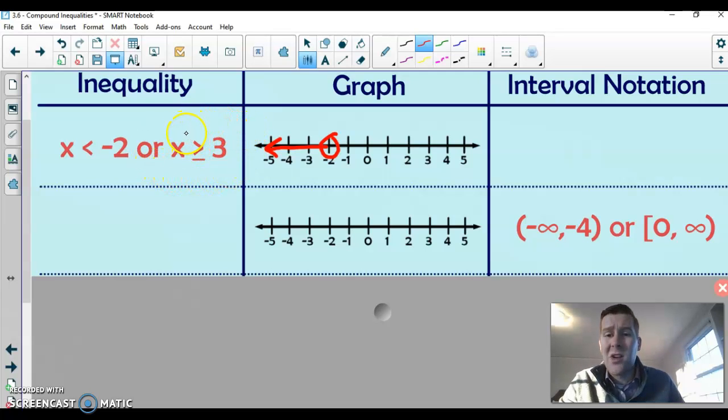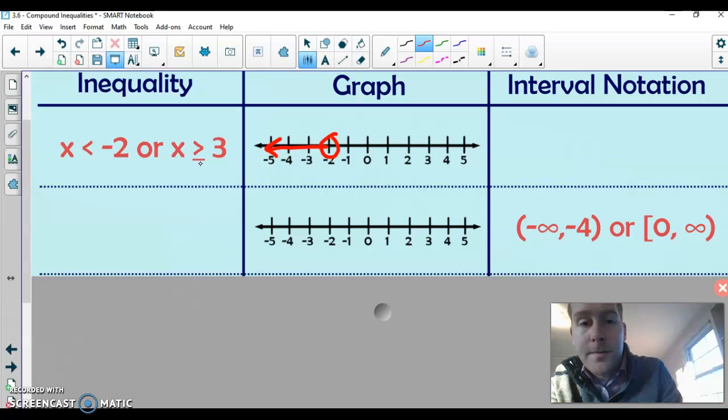Think about that. Could I put 3 into this inequality? Yes, because if I substitute 3 in for x, the statement will read 3 is greater than or equal to 3. That's true because 3 is equal to 3. So since 3 itself is a solution, we're going to use a closed circle. Pretend that was closed.